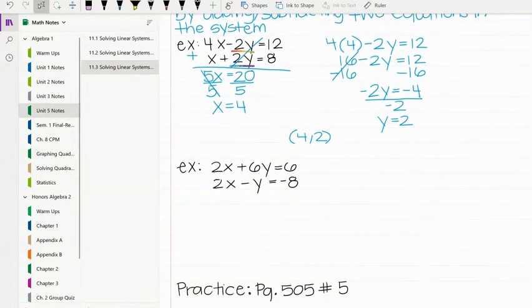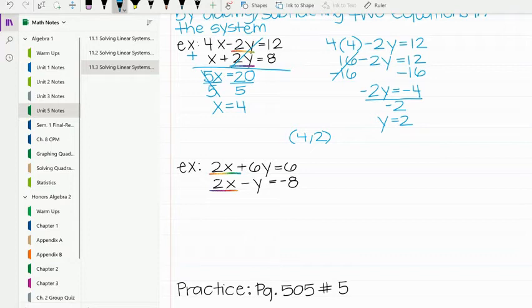All right, looking at our next example. Again, the first step is deciding, what variable do I want to eliminate? Looking at this, it's kind of obvious. We want to eliminate the x's because they are the same, right? 2x and 2x. Then we have to decide what operation. If I add these together, that will just create 4x.